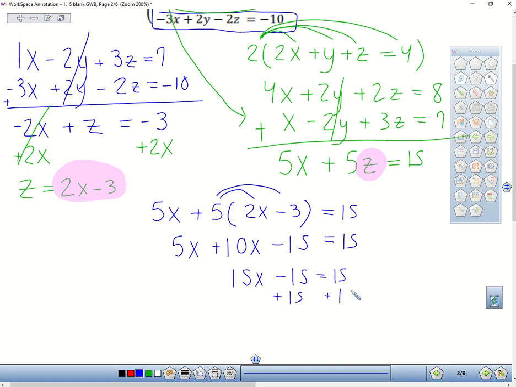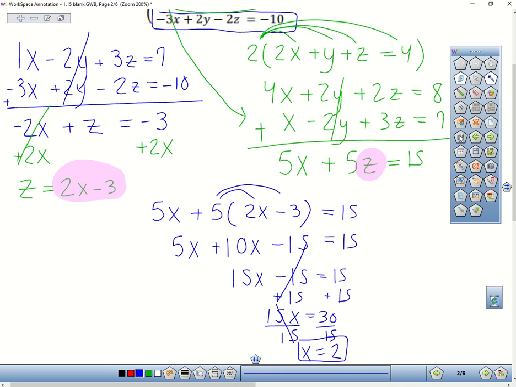Add my 15 over. And that gives me 15x equals 30, which means x equals 2. Good. So I found that x equals 2.